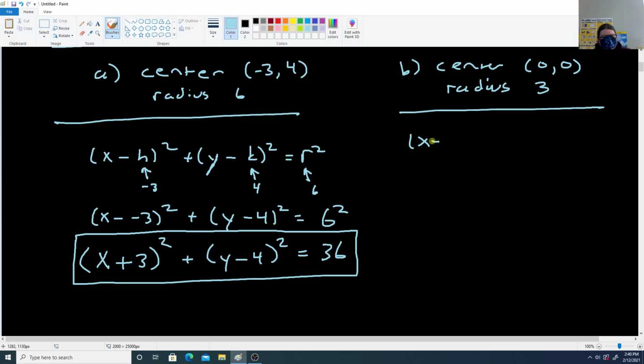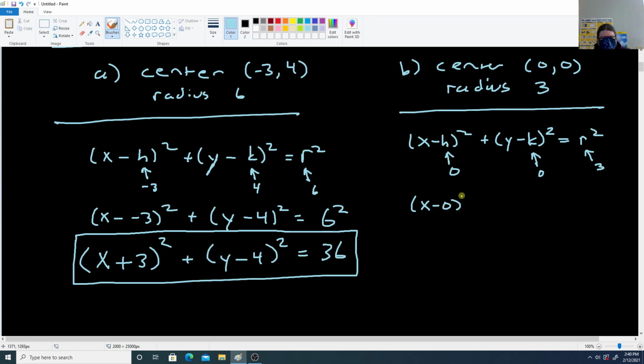So for this part, we start from the center radius form, x minus h squared plus y minus k squared equals radius squared. They told us the center, so h is the 0 in the x value spot, and k is the 0 in the y value spot. The radius is 3.